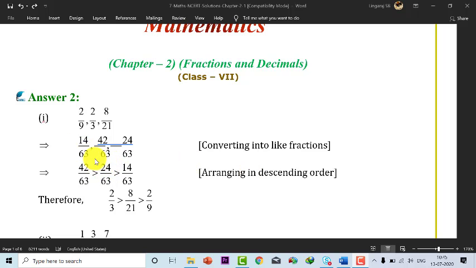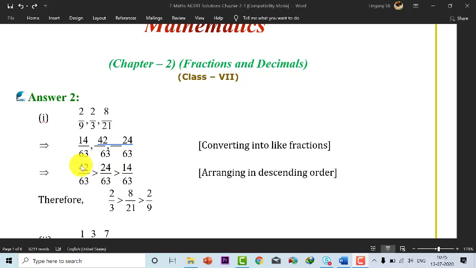When arranging in descending order, we write the biggest number first and then the smaller numbers. Out of the 3 fractions, 42 by 63 is the biggest, then 24 by 63, and third 14 by 63. So in descending order, 42 by 63 is greater than 24 by 63, which is greater than 14 by 63.